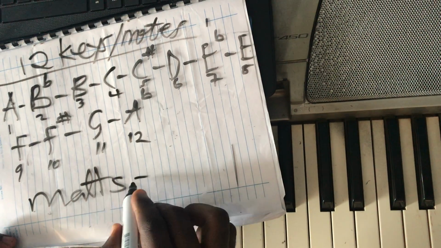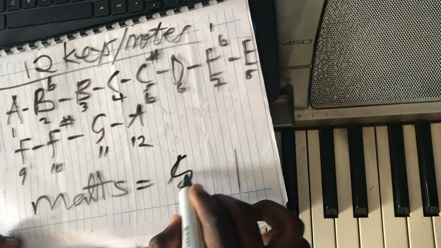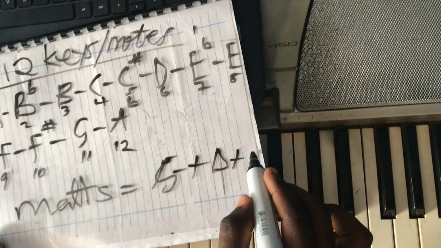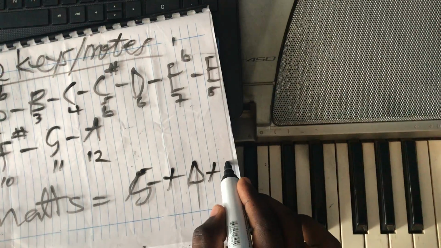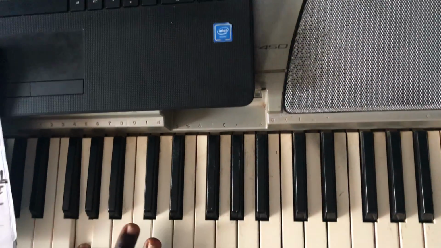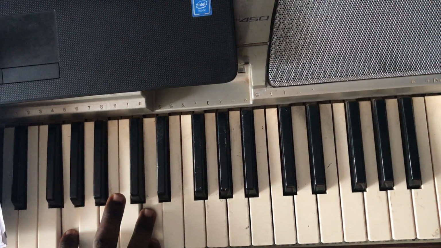Just choose any of the alphabet and then add them. You can choose D plus E flat, and you can do that on your own.